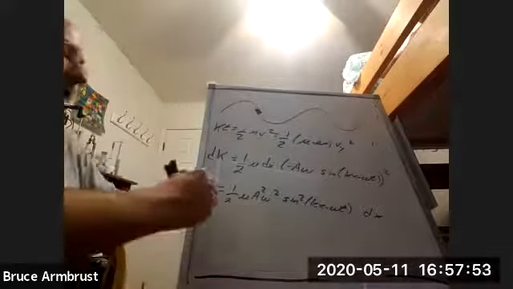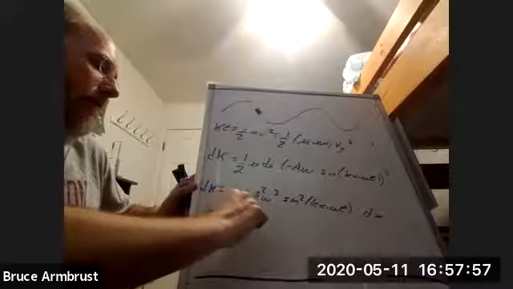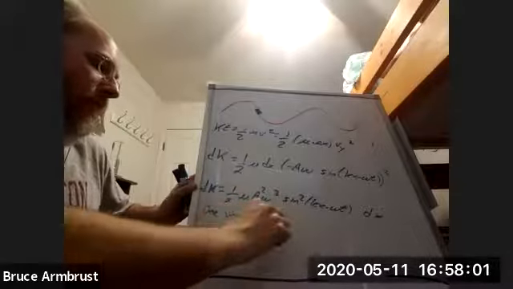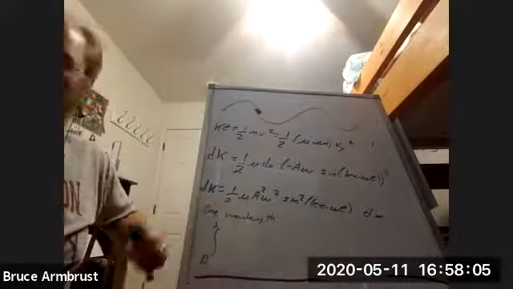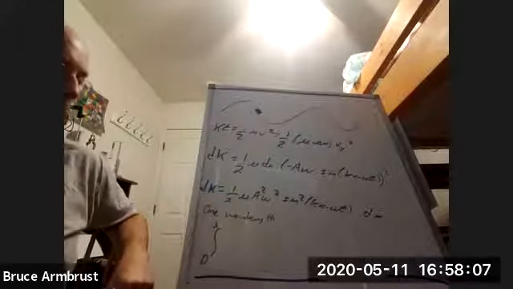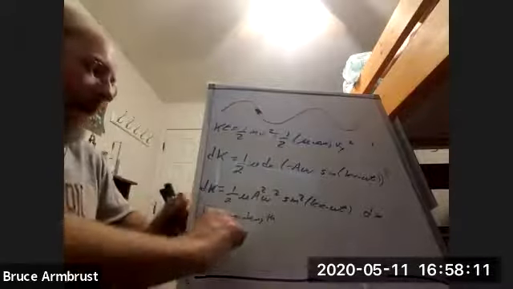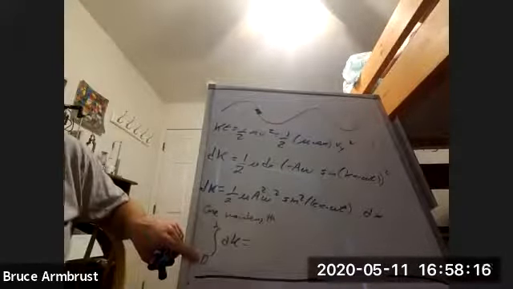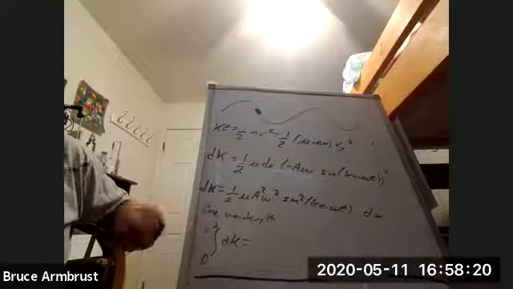Okay, so for one wavelength, we're going to integrate from 0 to lambda, this dK, because one wavelength will be from 0, wherever that is, to lambda, the next wavelength.